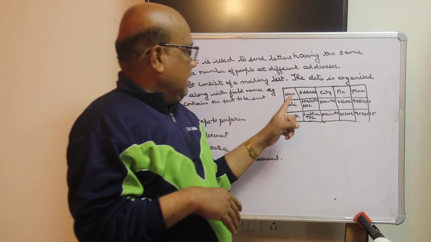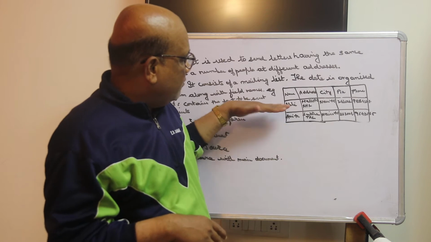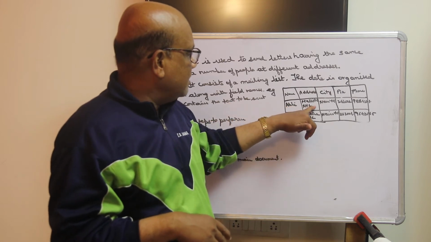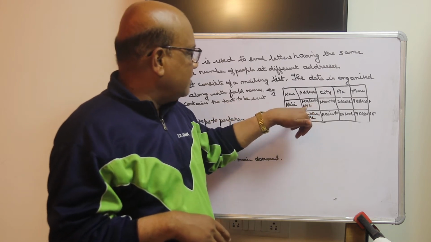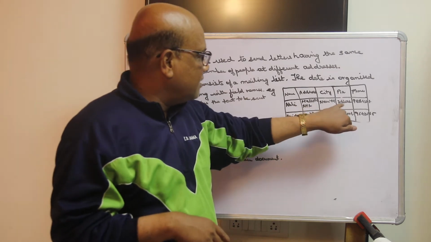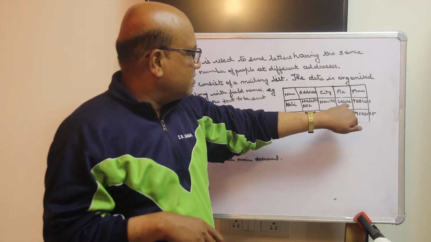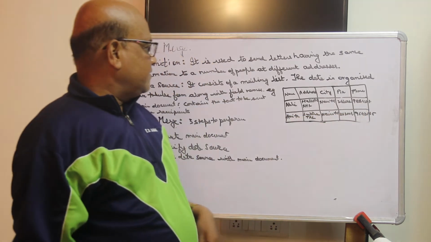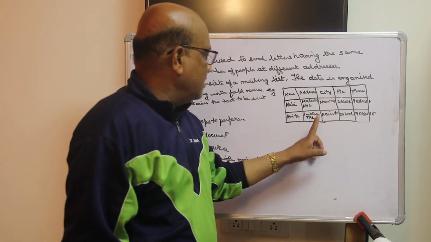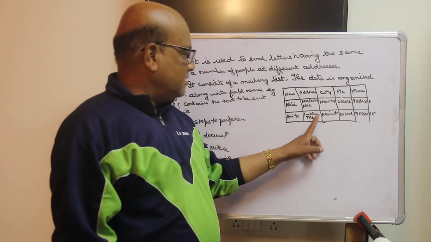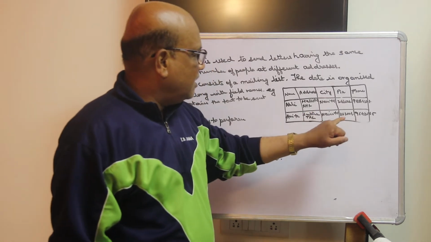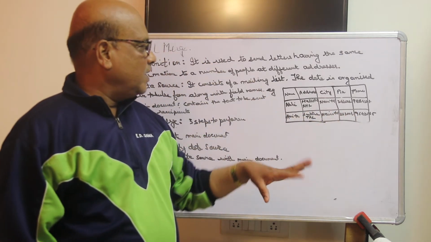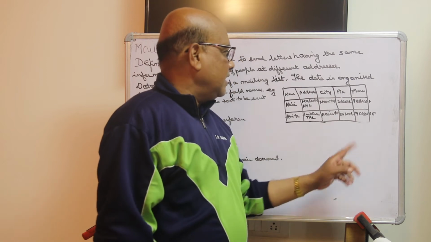Here, Abhi's name is written, with the address Malital, Nainital, the city Nainital, the pin code 263002, and the phone number. Then Anita stays in Sukatal, so the city is Nainital, the pin is 263001, and then the phone number.